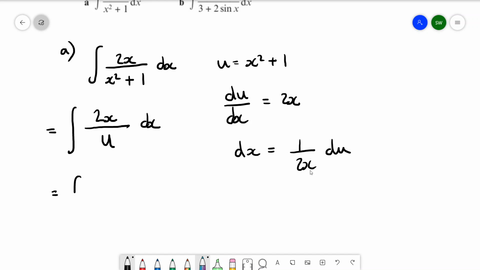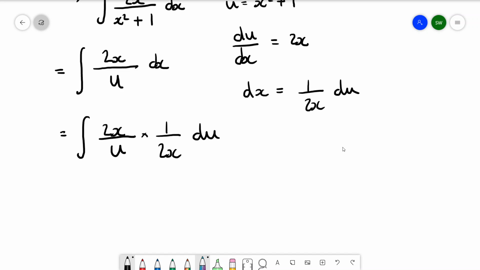So if we substitute this into our integral, I'm going to leave 2x as it is and u's on the bottom, and then we would times by 1 over 2x, and then we're integrating du. Now you can see that this helps us because the 2x's are going to cancel.